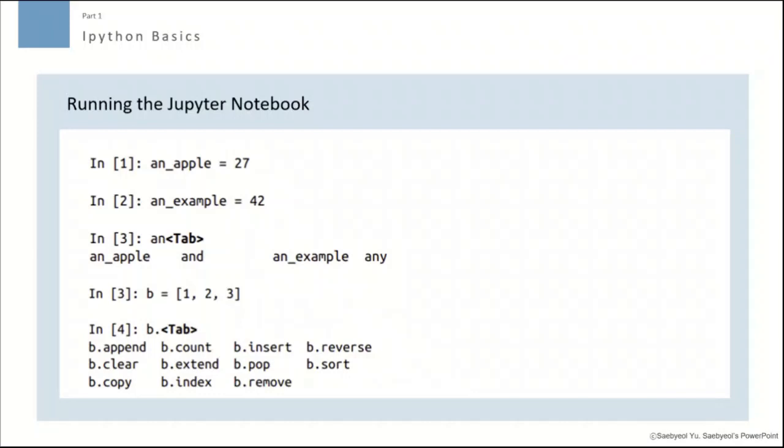While entering expressions in the shell, pressing the tab key will search the namespace for any variables matching the characters you have typed so far. In this example, note that IPython displays both the two variables I defined as well as the Python keyword and built-in function. Naturally, you can also complete methods and attributes on any objects after typing a period.